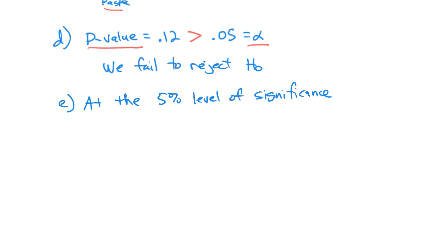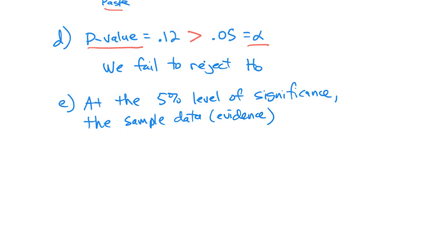So we say at the 5% level of significance, the sample data, or in other words, the evidence. You can say that either way. You can just say the sample data, or some people just say the evidence. Remember, our evidence is that sample of data.